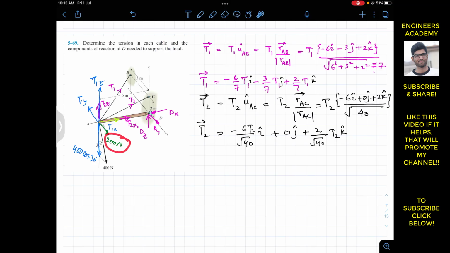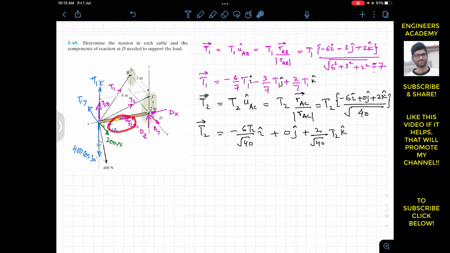This 200 Newton component is parallel to the z-axis. As we know, a force or component which is parallel to a particular axis is not going to produce the moment about that axis, and the force or component which intersects with the z-axis, the axis about which we want to find the moment, will not produce the moment about that axis.